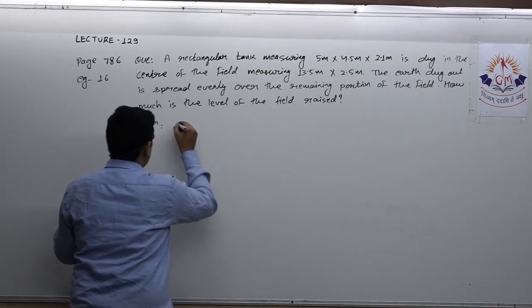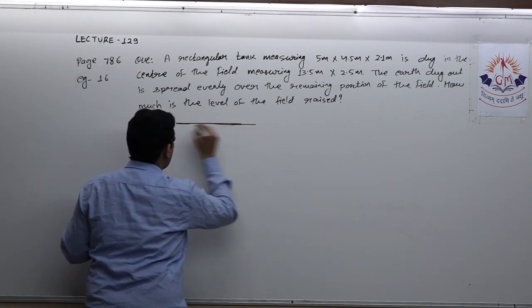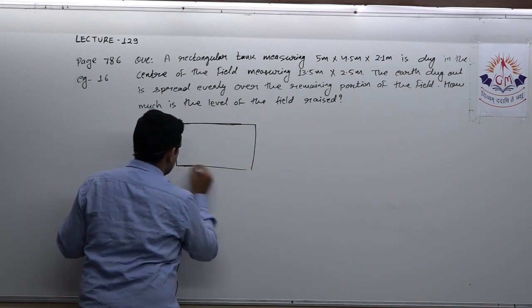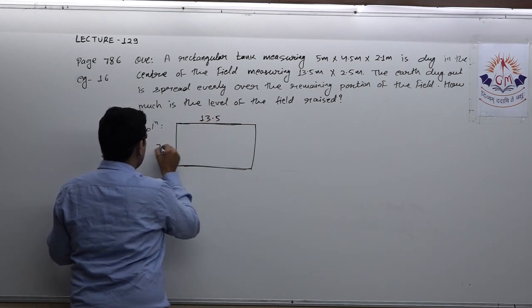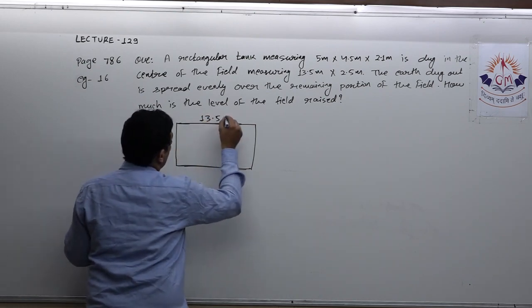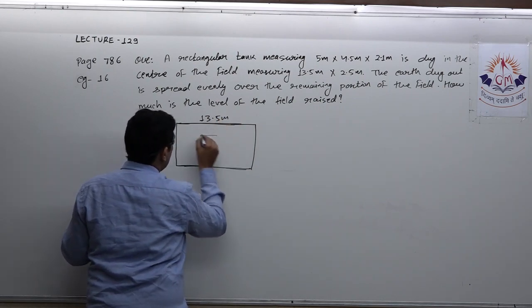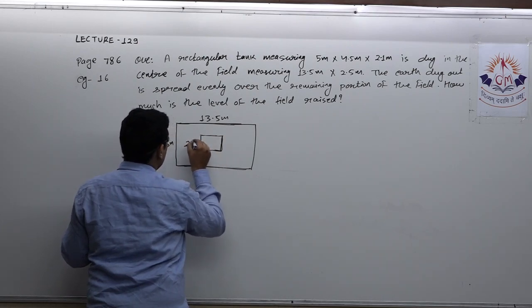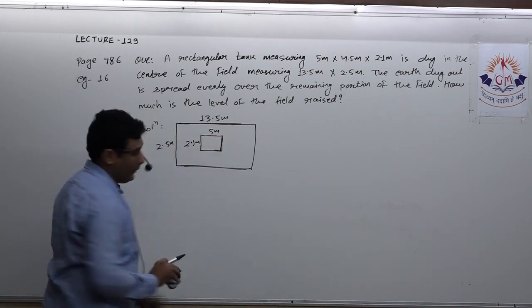So first of all, here I am taking this diagram. This is 13.5, this is 2.5, obviously in meters only, and there is a tank whose length and breadth, so this is 2.1 meter, this is 5 meter, and the depth is 4.5 meter.